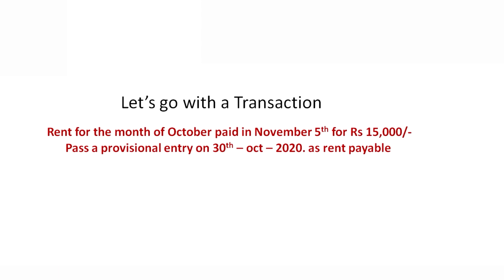Rent for the month of October paid on November 5th for rupees 15,000. So the rent is an expense incurred in the month of October and paid in the month of November. So in our books of accounts, in my P&L for the October month, I should show there is an expense of 15,000 for rent, which has to be payable on a future date.